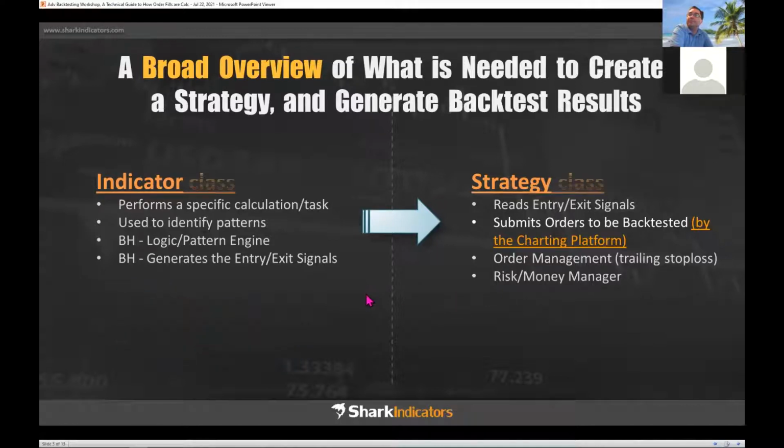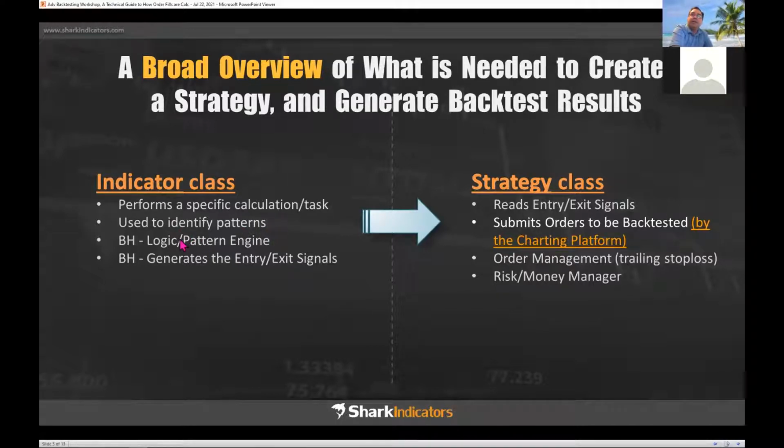All right. So I just want to again emphasize that your indicators are in an indicator class, and this is more of a programming terminology, but for the most part, indicators don't have any access or any knowledge of orders, right? Now, the lines are becoming blurred these days, especially with NinjaTrader 8.